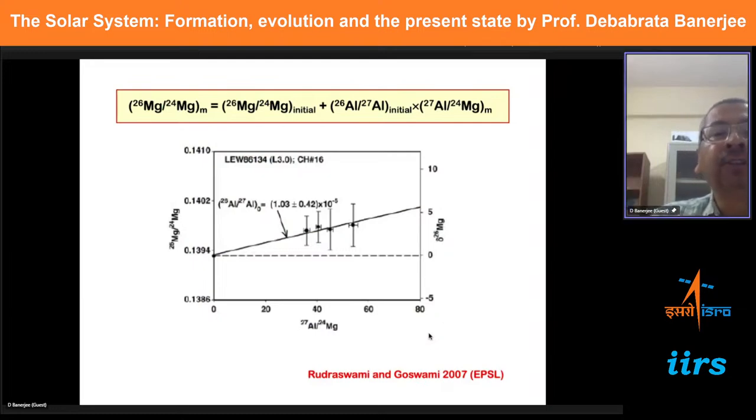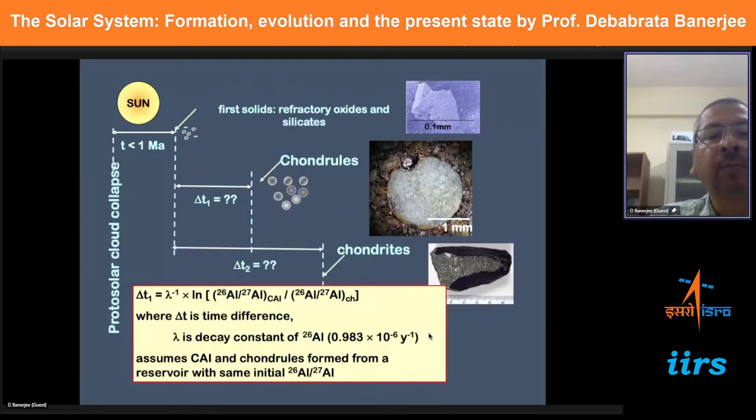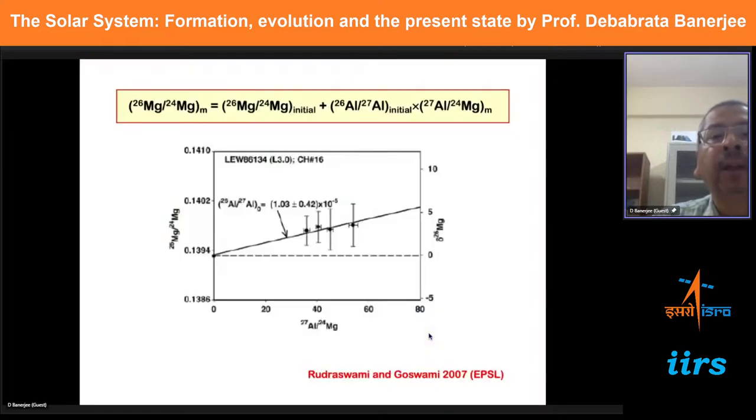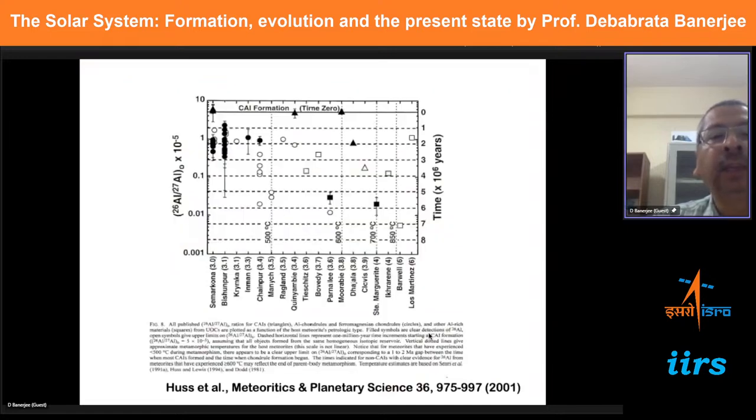So that is how you deduce this, and if you know the 26/27 initial ratio of CAI, and of course this assumes that initially the composition was the same. That is a basic assumption, and this has been shown in many different phases of CAI, that this assumption is correct. From this, you can deduce the time frame, and that shows that chondrule in fact forms.